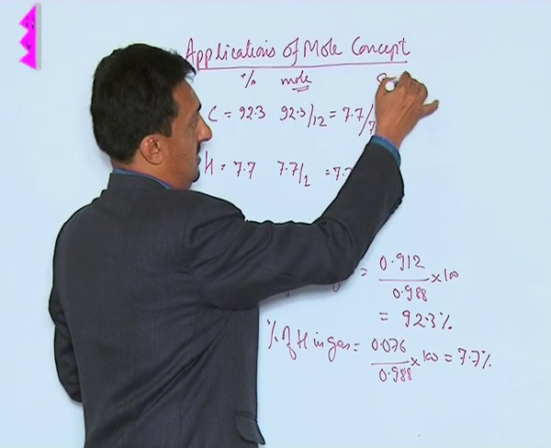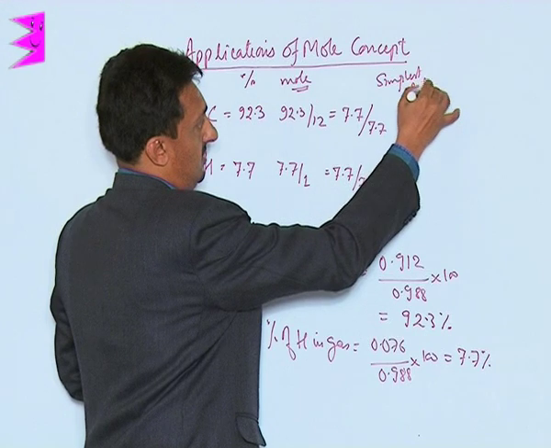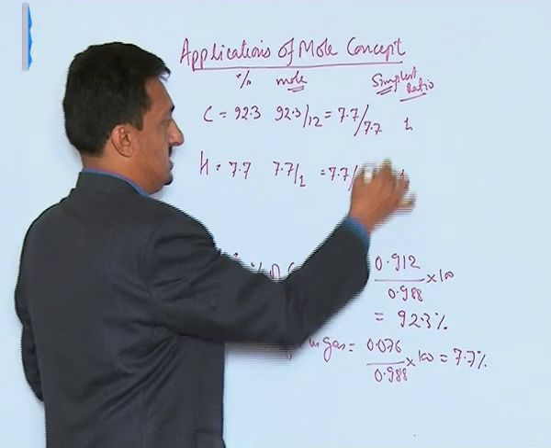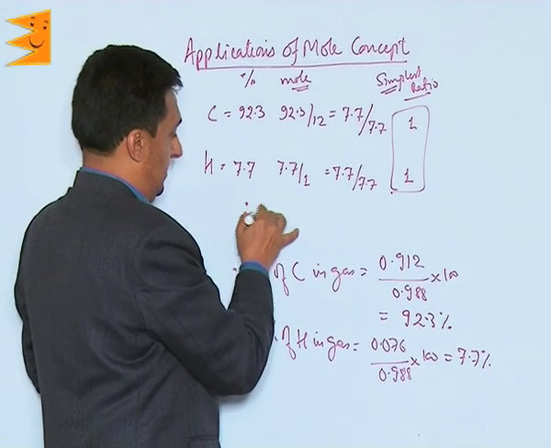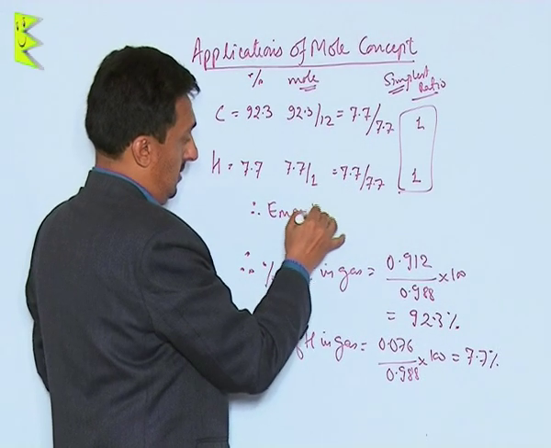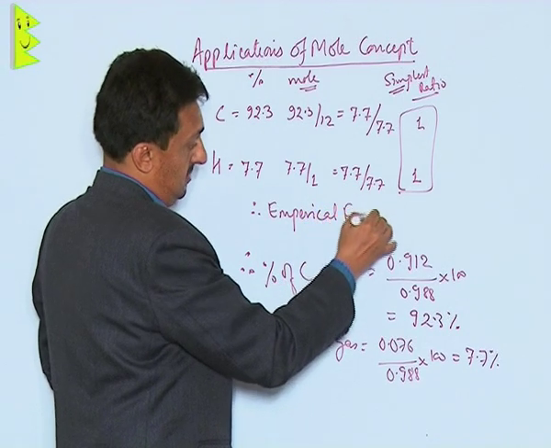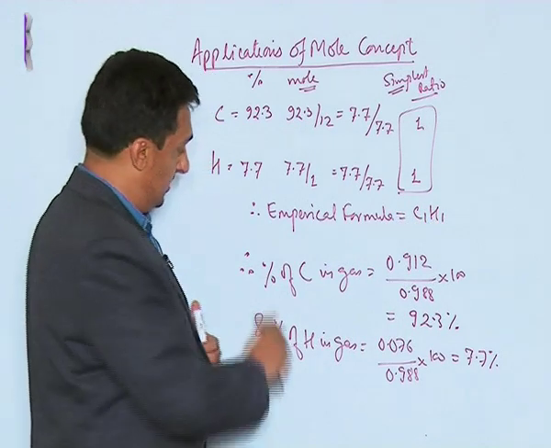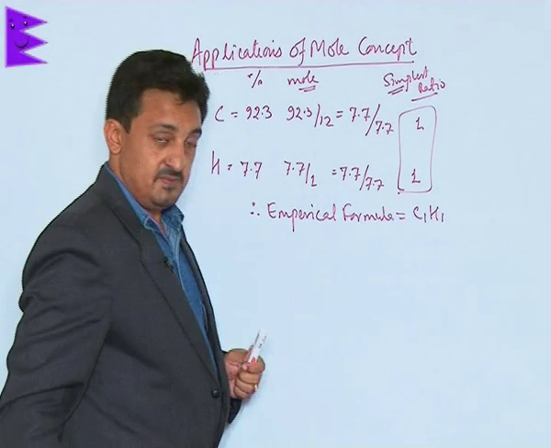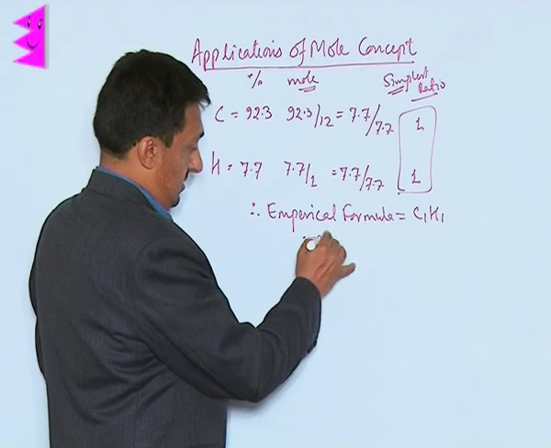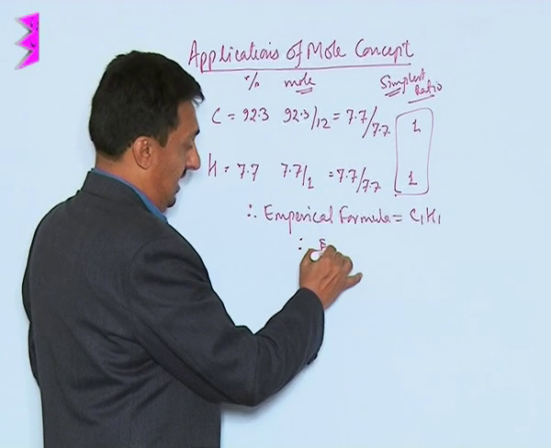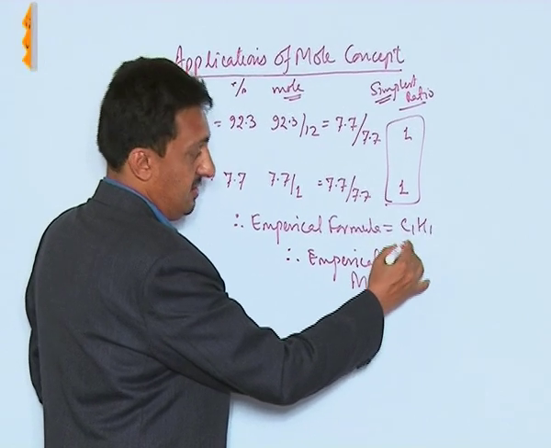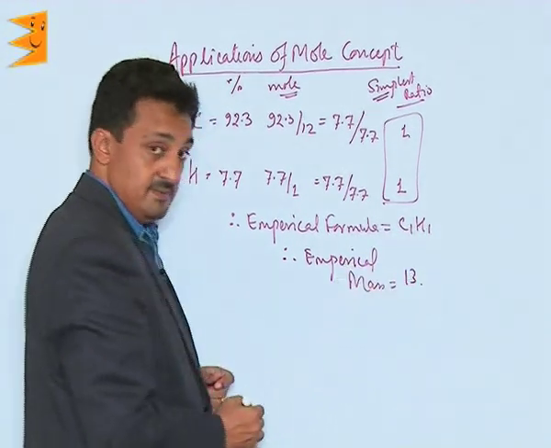So the simplest ratio is 1 and 1. So this 1 and 1 gives us the empirical formula, C1H1. Once we know the C1H1, therefore the empirical mass will be 12 plus 1, 13.